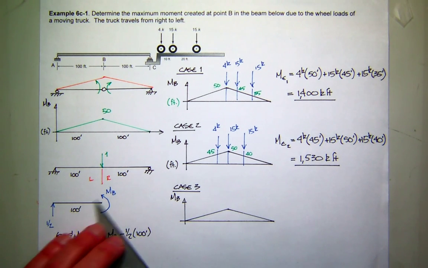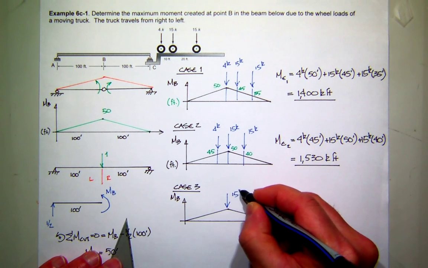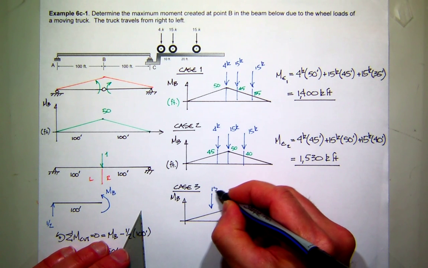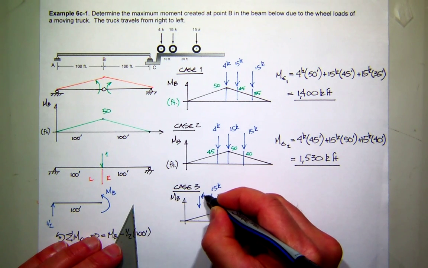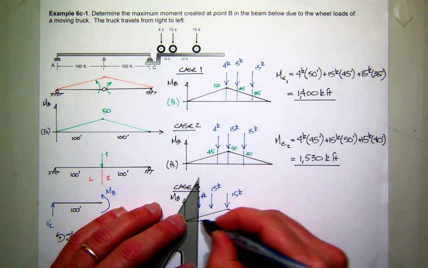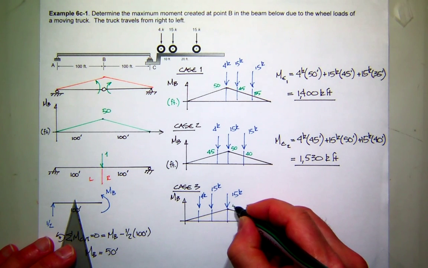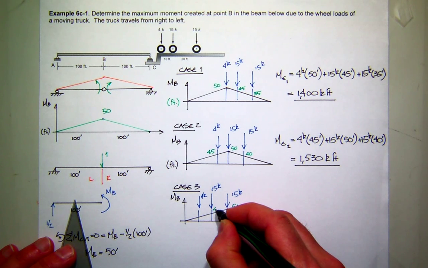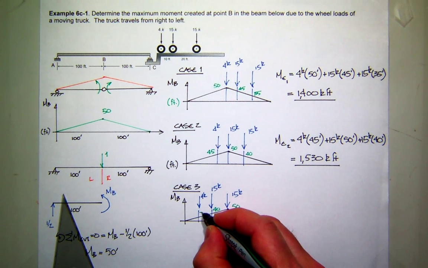In that scenario, the last wheel goes to the maximum point. So there's our 15 kips, and then 20 feet in front, 15, 10 feet in front, 4. So I'll have to find these values. Again, we know the top is 50. So I go 20 feet, that's a drop of 10 to 40. Another 10 feet is a drop of 5 to 35.